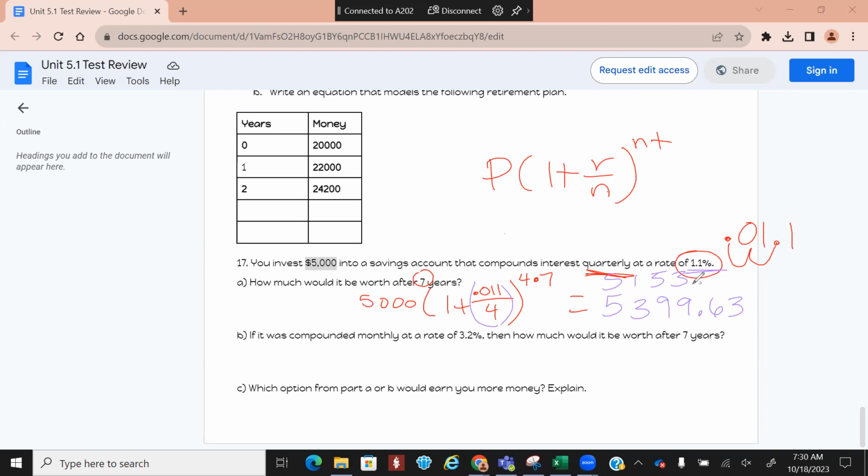And we're going to raise that to 4 times 7. And I got 5,399.63. I got the same thing as Mikkel. Make sure that how you're typing that exponent, you use parentheses around that one. Maybe that's your problem.